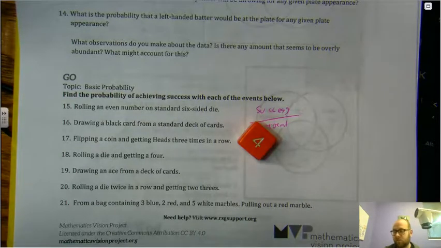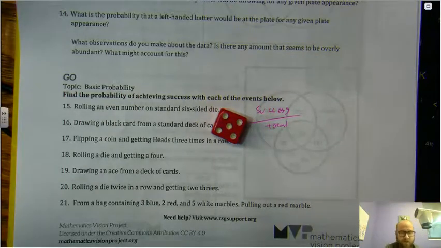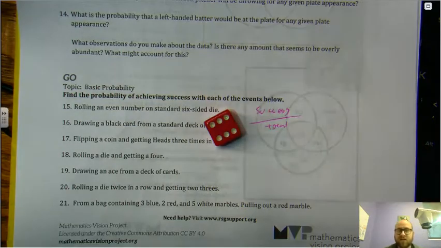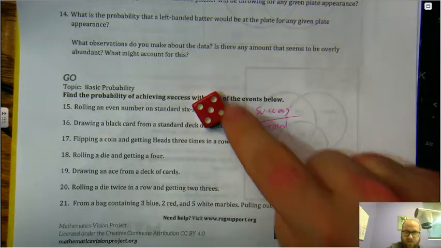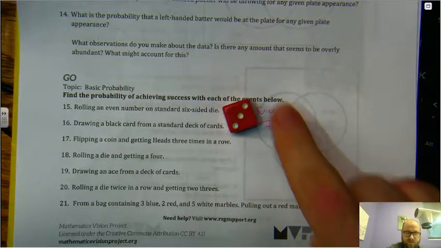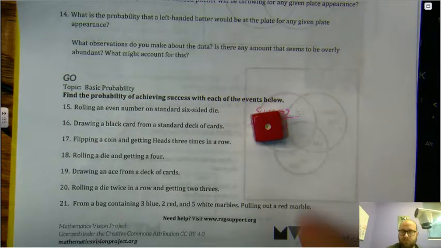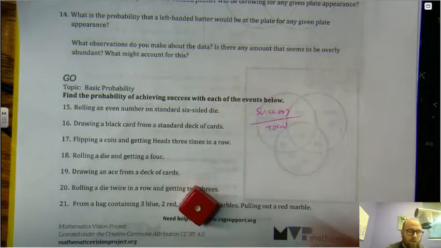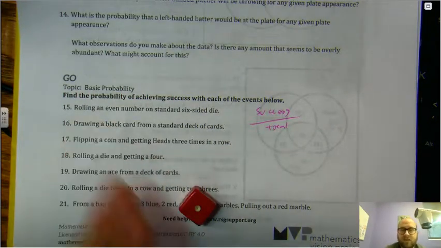Which I have a lot of. When we look at a standard six-sided die, actually, this is probably the type you're used to seeing, right? That's kind of Monopoly. Well, there's six sides, right? There's a 6, there's a 5, there's a 4. Opposite of the 4 is a 3. There's a 2, and there's a 1. Six-sided die. So what are the odds of rolling an even number?